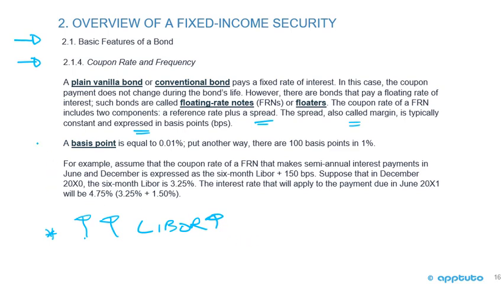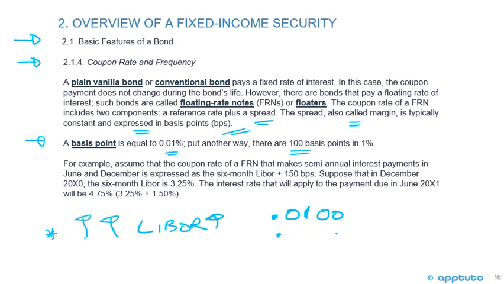The next point to bring up here is that a basis point, so again, the spread, also called margin, is typically constant and expressed in terms of basis points. A basis point is equal to 0.01%, but put another way, there are 100 basis points in 1%. So what I always do is I go like this, 0.01, that's my 1%, and that's 100 basis points.